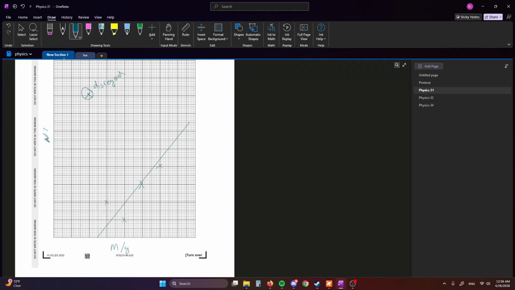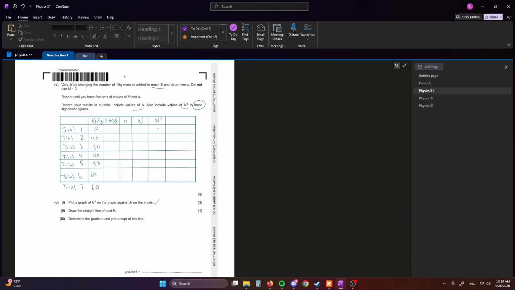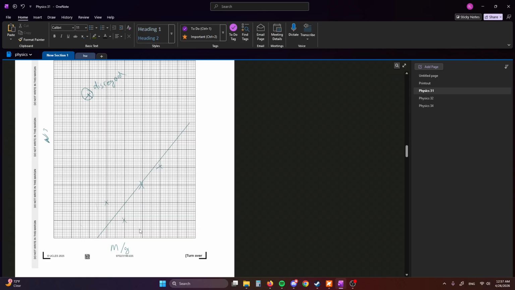Yeah, and then when you're calculating gradient, the next part. So we plotted this, right? Okay, so now we're going to draw the best line of fit. Just draw it. Just try your best. I don't think they're looking too far, but the general thing you want to keep in mind is half and half on each side. So half of the points are on the top, above the line, so on this side, right? And the other half on this side.